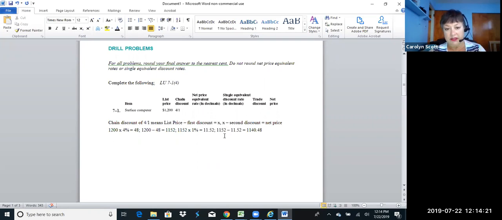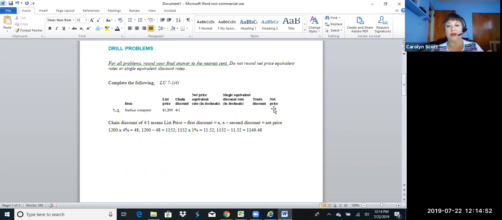So we take our net price minus first discount, and then we subtract our second discount. So $1,152 minus $11.52 equals $1,140.48.